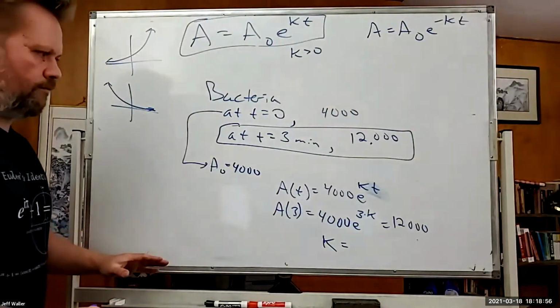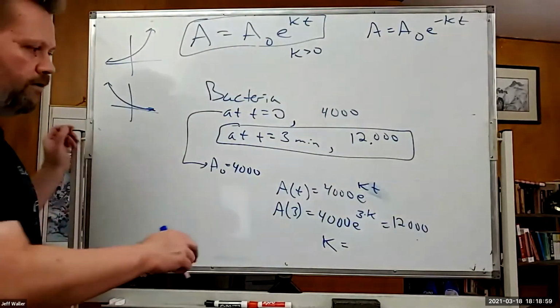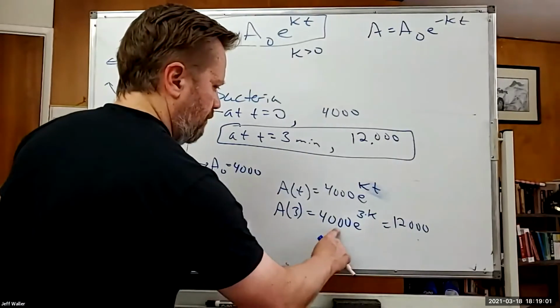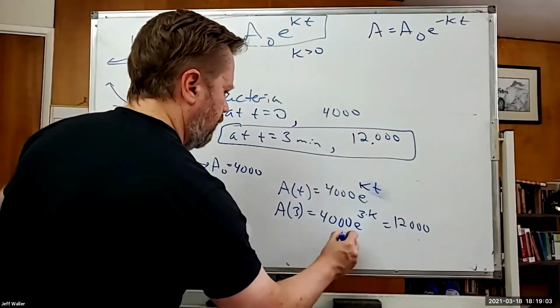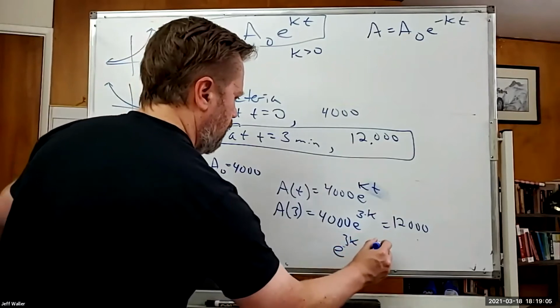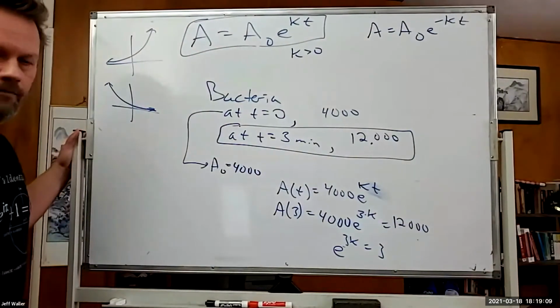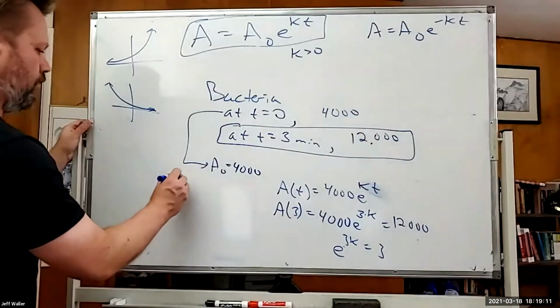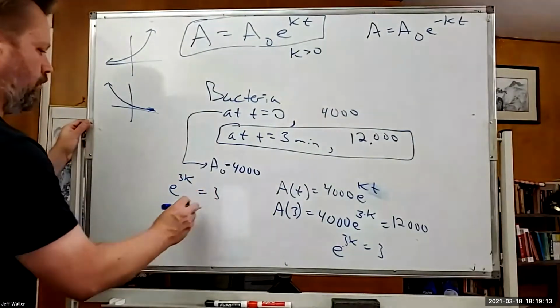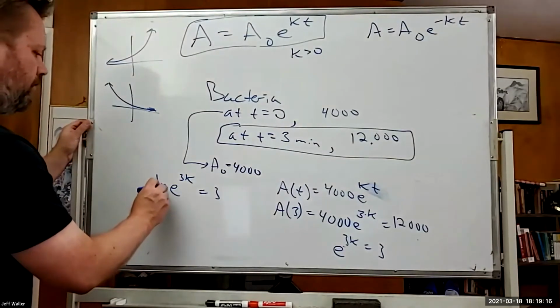No, if you divide by 4,000, you get e to the 3k equals 3. Keep going. You got to solve for k. You put it over here. Give me the exact answer.